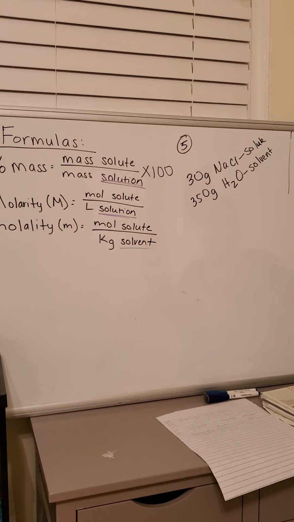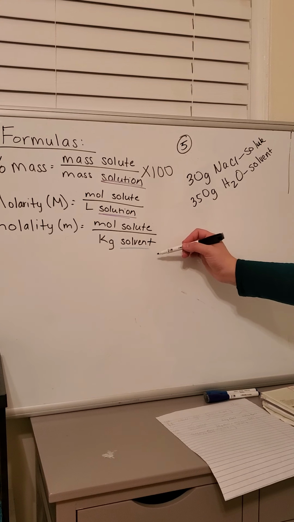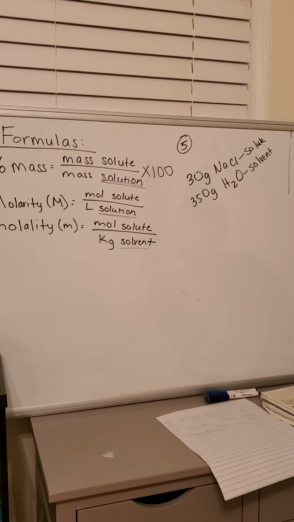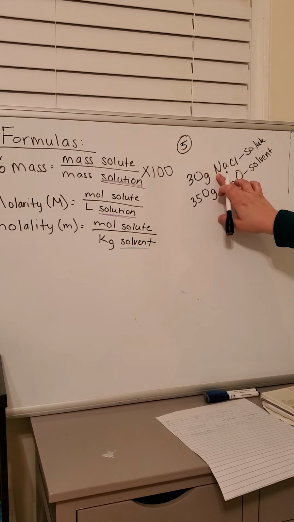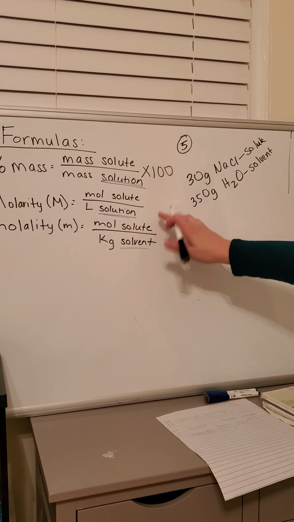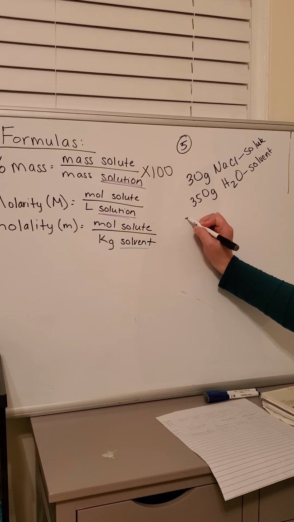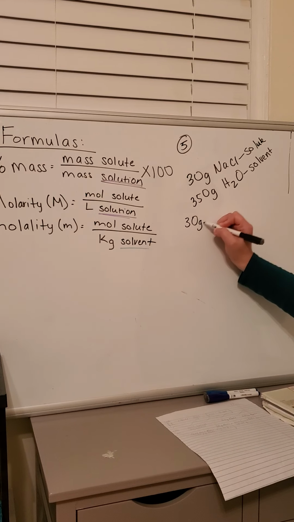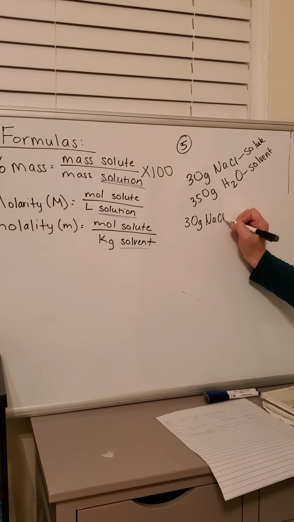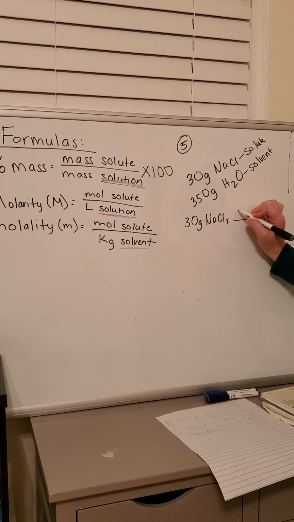All right, so I have my solute and my solvent, but neither one of these are in the units they're supposed to be in. So what do I need to do to NaCl to get it into moles? You have to do stoichiometry. Like I said, it's never ever going away. Well, at the end of the year it will. But 30 grams of salt, and then how do we go from mass to moles?